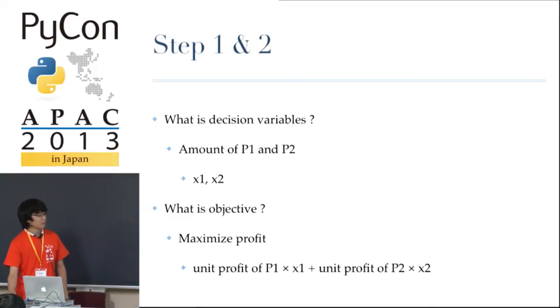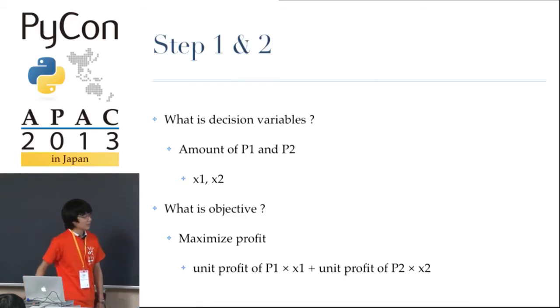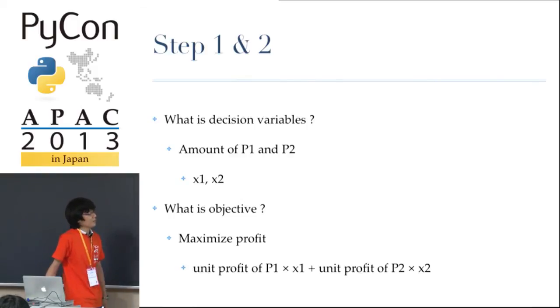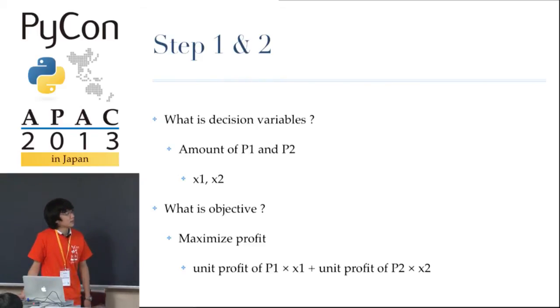We want to maximize profit. Profit is the unit profit of P1 times the amount of P1 produced, plus the unit profit of P2 times the amount of P2.